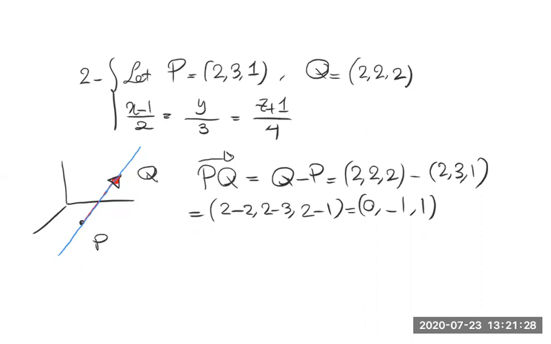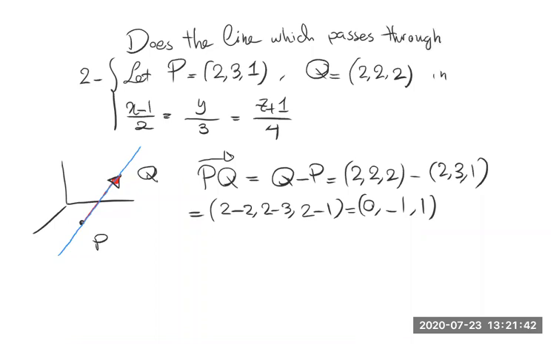So does the line which passes through P and Q intersect this line? It was in the practice exam. I got a few questions that you are not sure about this question from the practice exam, so I'm solving that now.